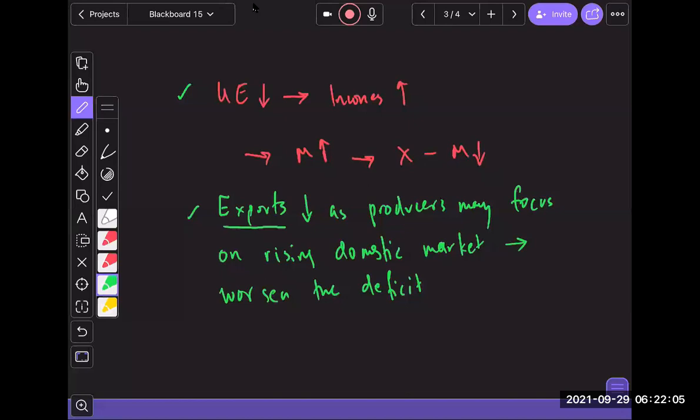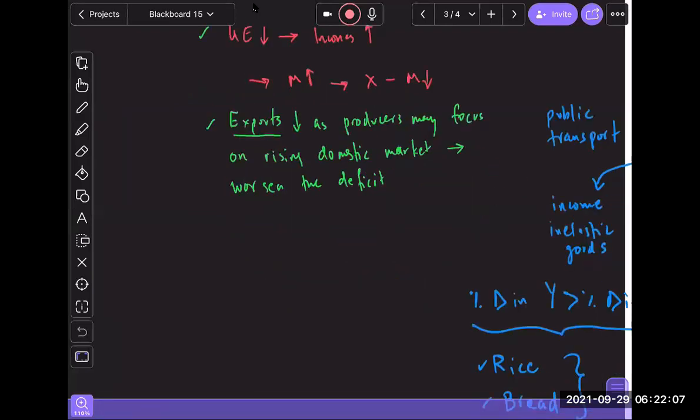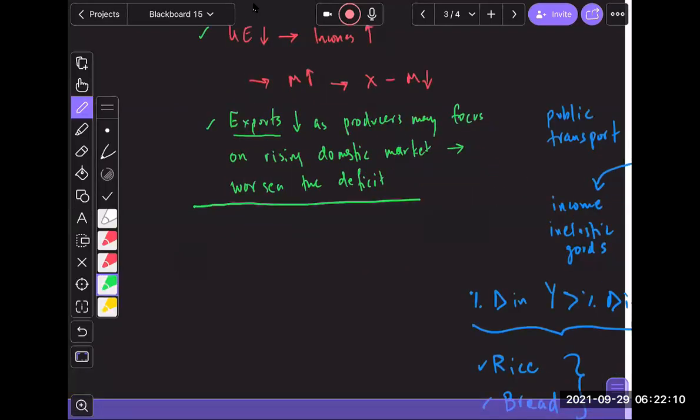But there's also another argument that we can make, that there could be an improvement in X minus M, because when the incomes are rising, it could actually be because of rising productivity of the country. So productivity can go up, and that will make the country stronger in terms of exports.